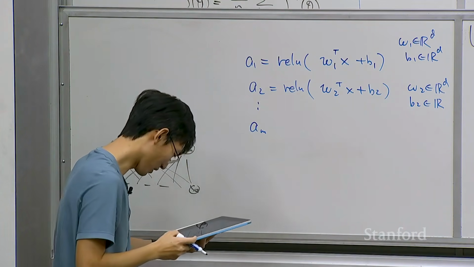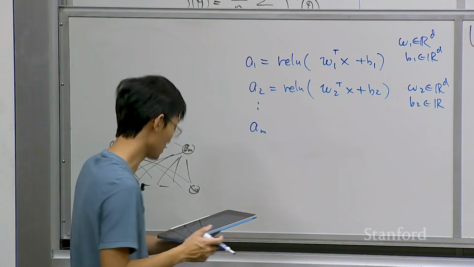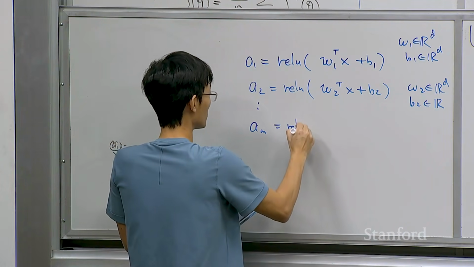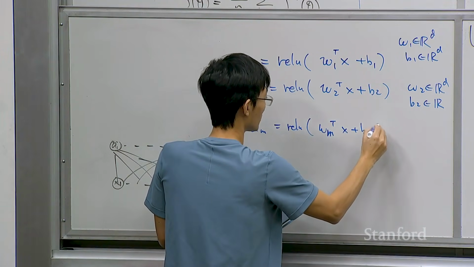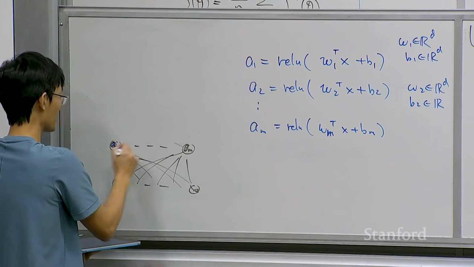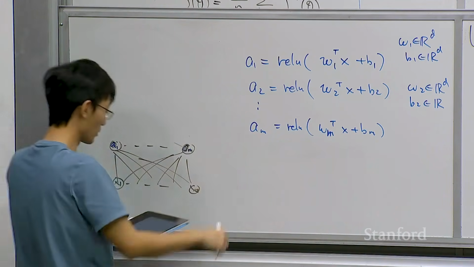Let me see whether m is my notation here. It's very easy to mess up the notation in this kind of case. Yes, am is ReLU of wm transpose x plus bm. That's how you define a1 up to am, and each of the ai depends on all of the xi's in this particular way.